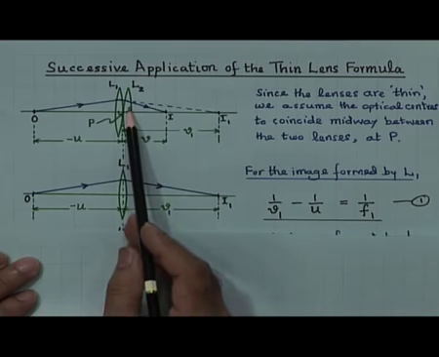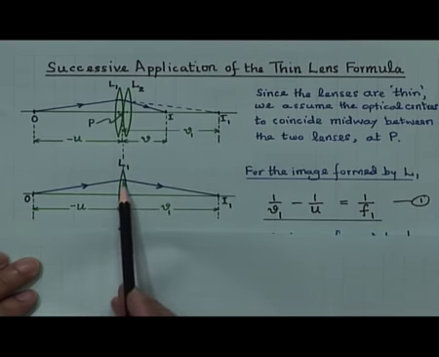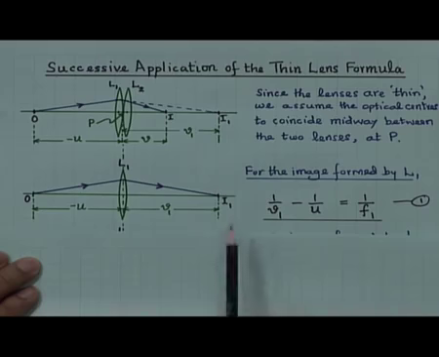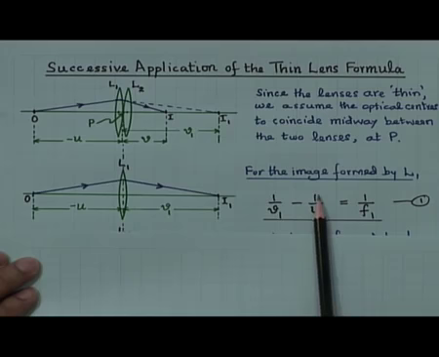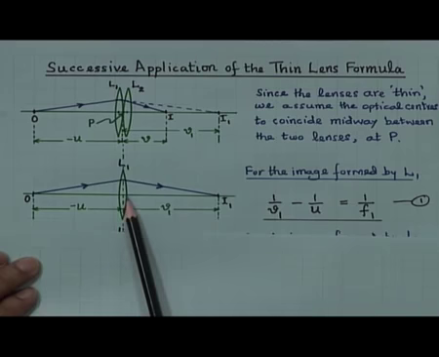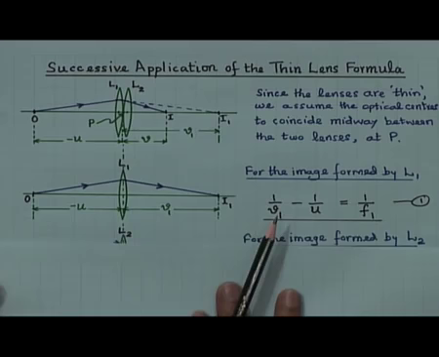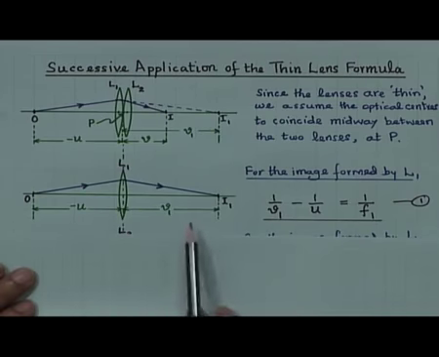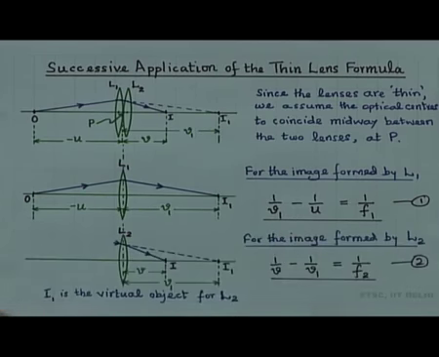When the second lens is not present, the first lens would have formed an image at the point I1 at an image distance V1, and we know the thin lens formula: 1 by V1 minus 1 by u, where u is the object distance, is equal to 1 by f1, where f1 is the focal length of the first lens.